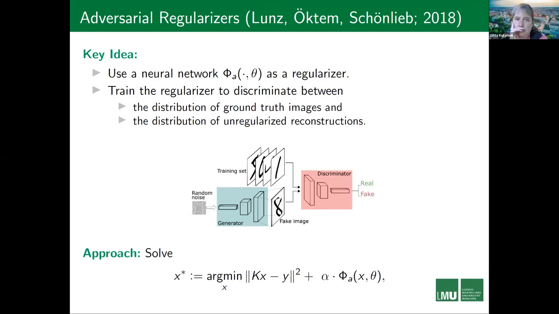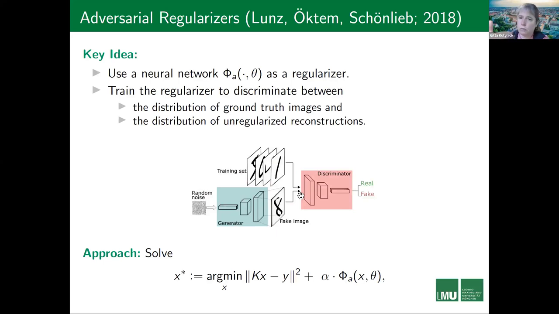So now the regularizer is trained, with a similar philosophy, to discriminate between the distribution of the ground truth images and the distribution of unregularized reconstructions. Remember, GANs were typically trained to be able to distinguish or discriminate between real images, here for instance the training set, and fake images.